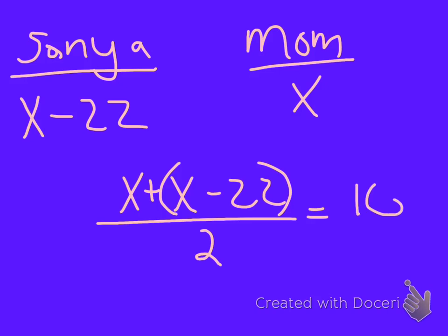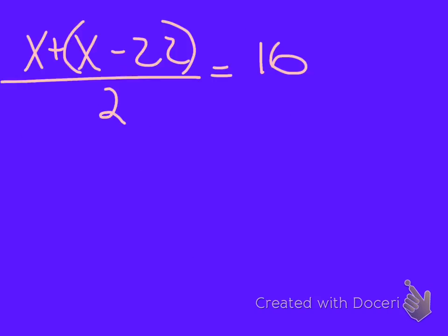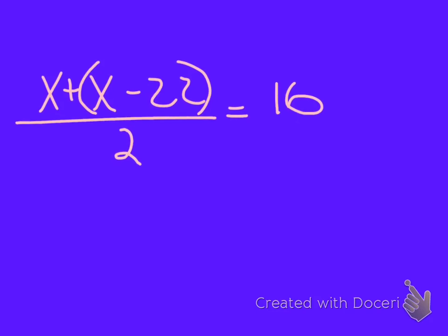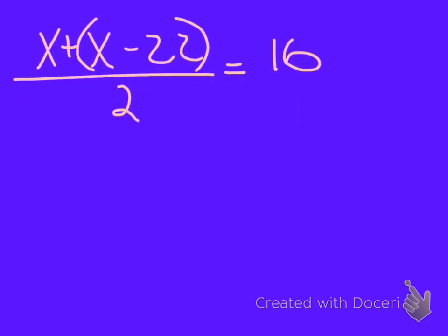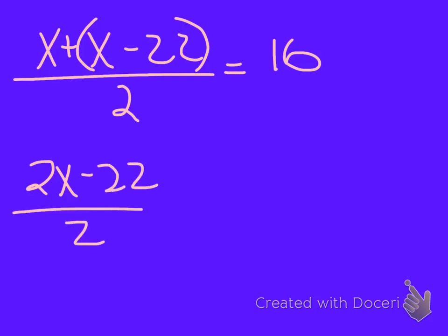That's okay. I don't have enough room, so I'm going to take this to another slide, if we want to call it that. All right, so how do I solve this? You're going to combine the 2 x's on this side. So I'll have 2x minus 22 over 2 equals 16.